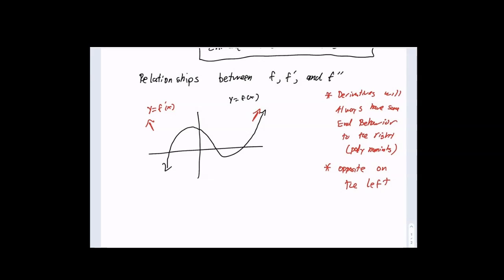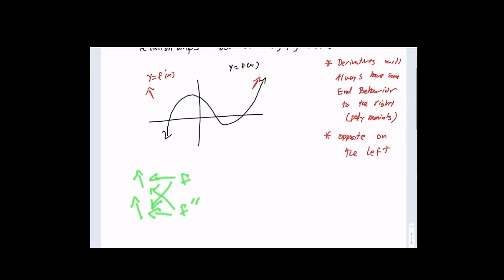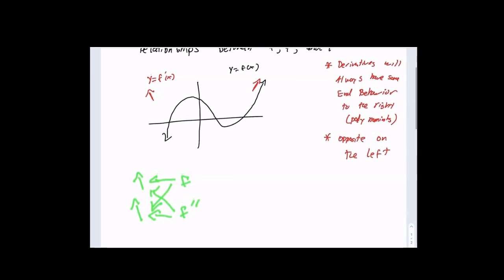So if you have two graphs that are both pointing up, one of these has to be f, and one has to be f prime. Which one is which, you have to figure out that part. But one of them would be the function, and one would be the derivative, if they're both pointing in the same direction on the left-hand side. It's a property that we know.